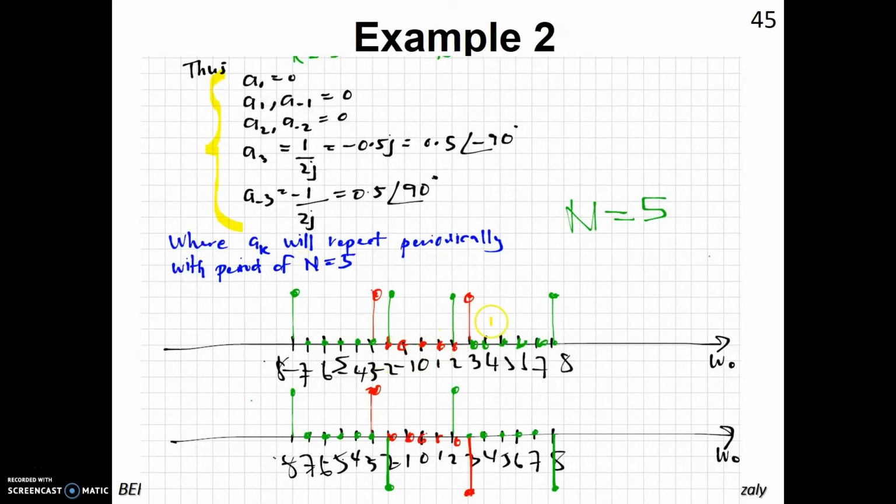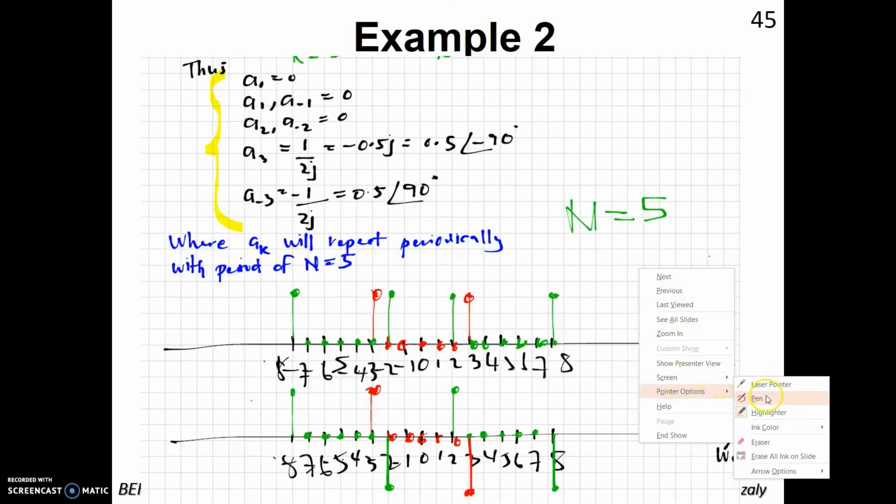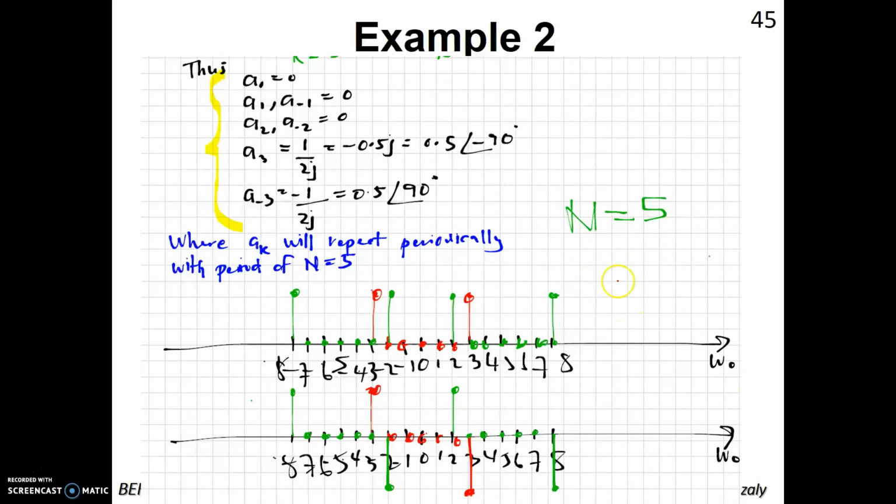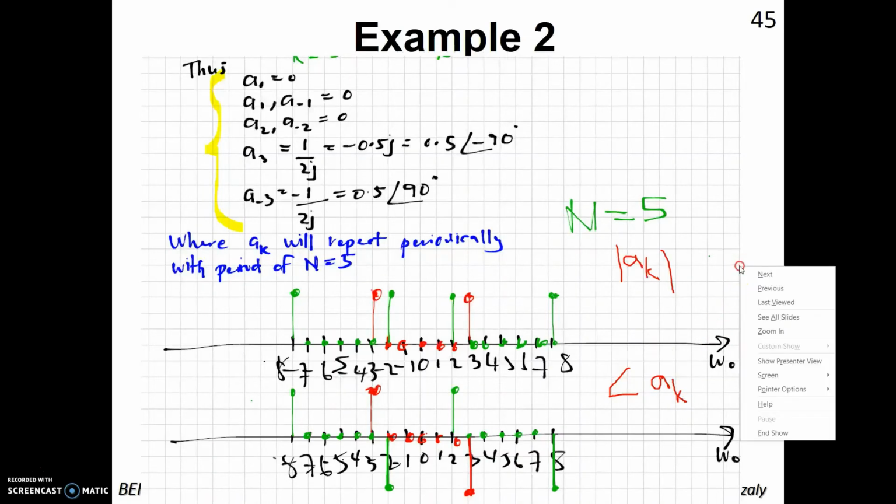So let's look at the graph here. I have plotted the graph. This one will be the graph for the magnitude of a_k, and this one will be for the phase of a_k.